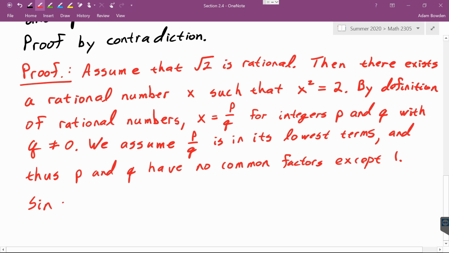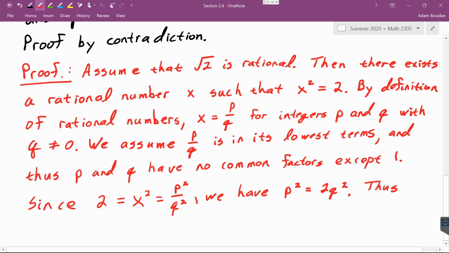So now we can say since 2 is equal to x squared, and x squared is the squaring of the p over q, then x squared must be p squared divided by q squared. And that means we have p squared is equal to 2q squared.